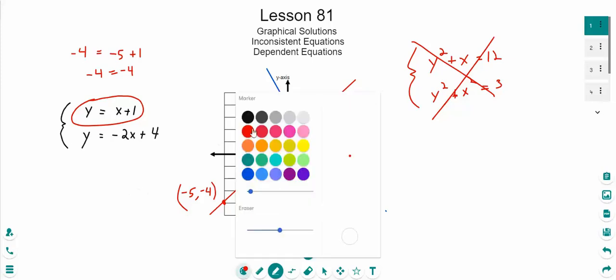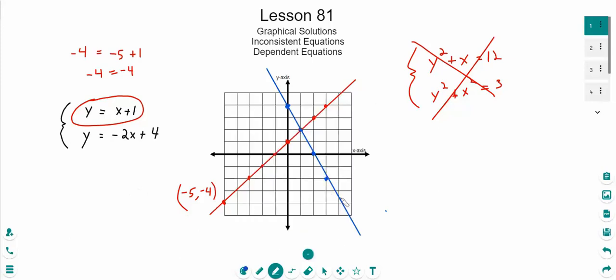Now, in like manner, if I go to my blue line, I can pick any point on my blue line, and I can take the coordinates of that point, plug it into this second equation, and that equation will be true. All right? So if we're trying to find in this system of equations the ordered pair that satisfies both of these, then we need a point that is on both of these lines at the same time. Okay?